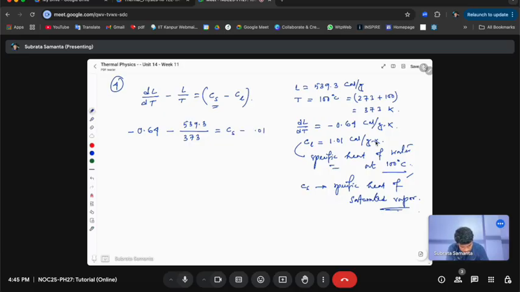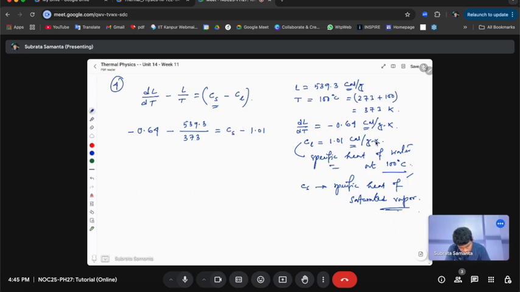Here I use calorie because your Cl is also given in calorie, so no need to change. Make it consistent, use calorie everywhere. Then you just calculate Cs from this.